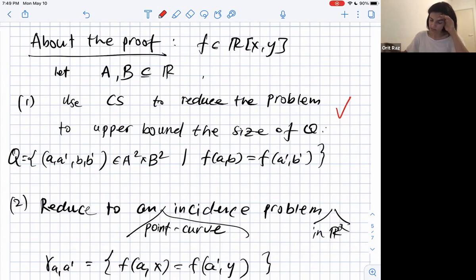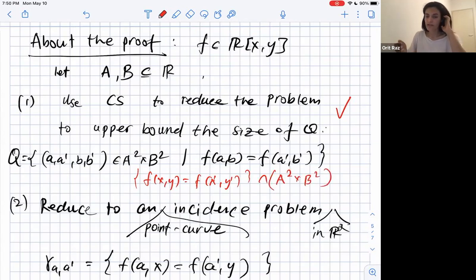So now in the discretized setting, we want to bound the delta covering number of the surface f(x,y) = f(x',y') intersected with A squared times B squared.